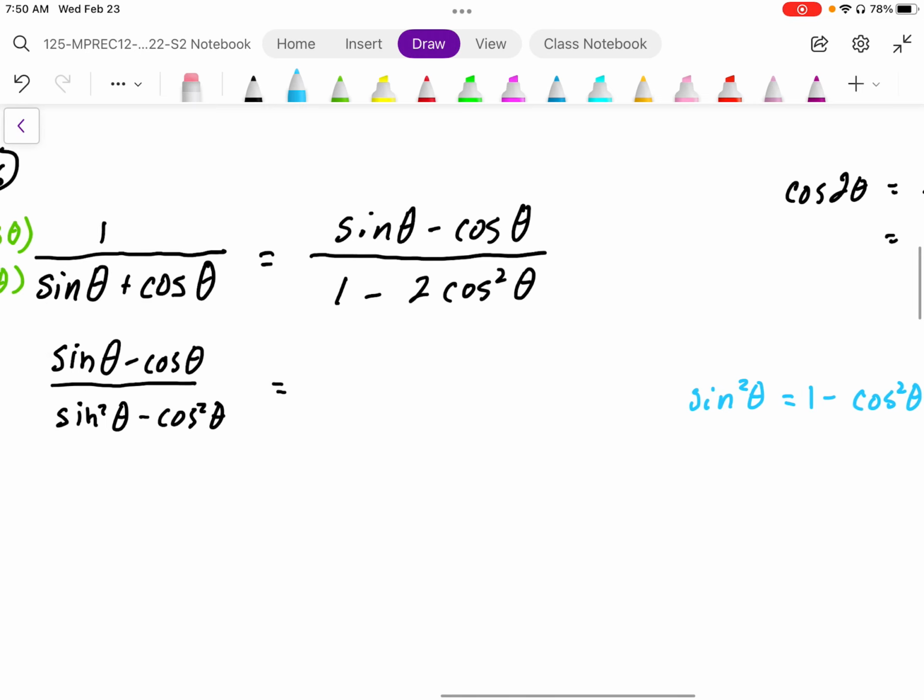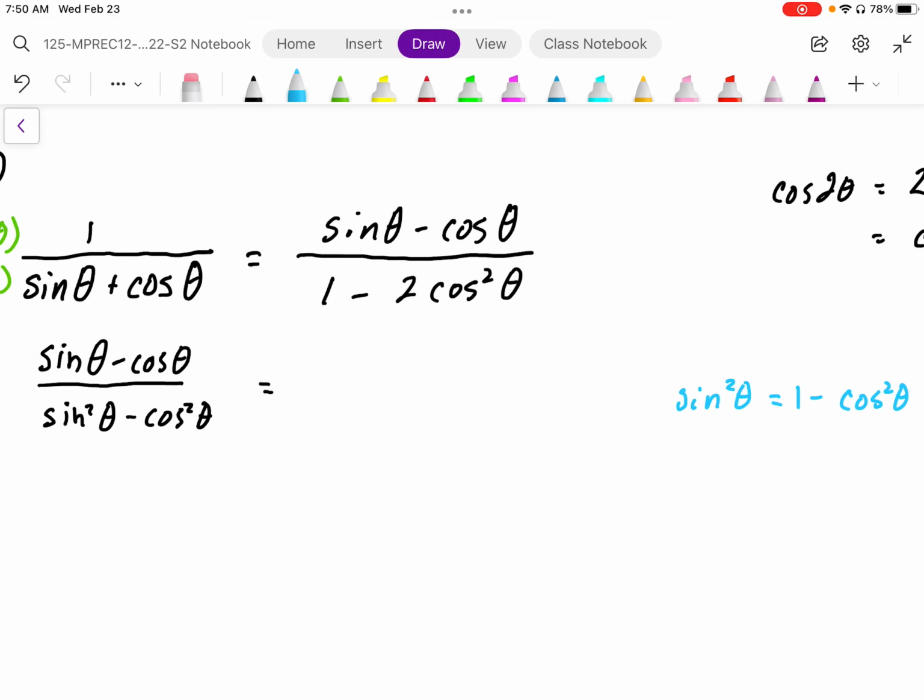And what that will do is it will change the denominator on the left to look like the denominator on the right. So it looks like this: sine theta minus cos theta over, instead of sine squared, I'm going to use 1 minus cos squared theta. And then that's minus cos squared.